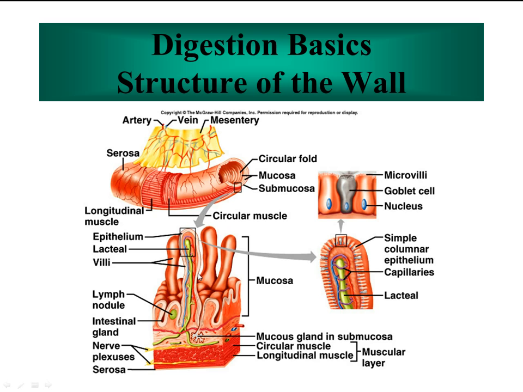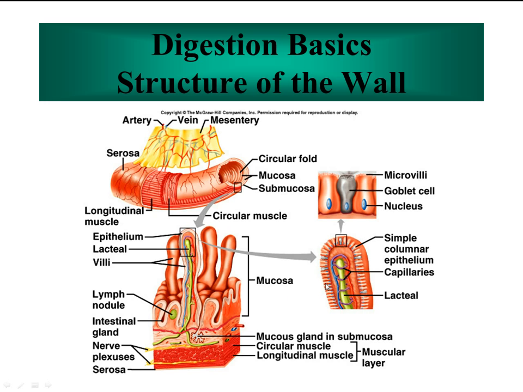Okay, and here are those finger-like projections, the villi, covered by what we call simple columnar epithelium. They are column or rectangular shaped epithelial cells, and between those epithelial cells will be the goblet cells that produce the mucus.